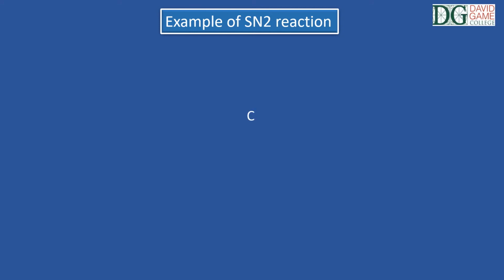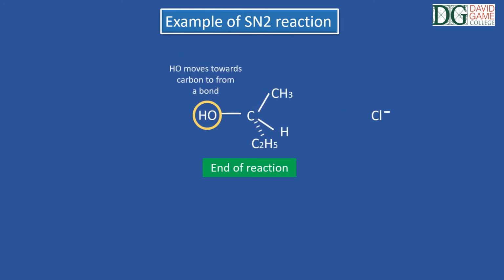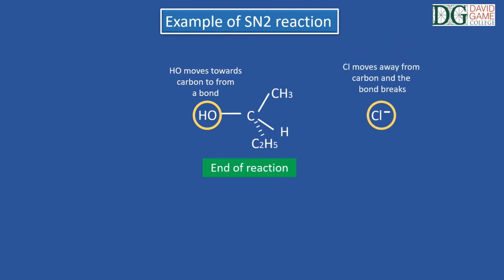Now let's see the chemical reaction again with all elements and compounds as shown in a textbook. In this example, in addition to carbon, chlorine and hydroxide, we can now see the methyl group, hydrogen and the ethyl group. There are two key points to understand here: hydroxide moves towards the carbon to form a bond, and at the same time, chlorine moves away from carbon and the bond breaks.